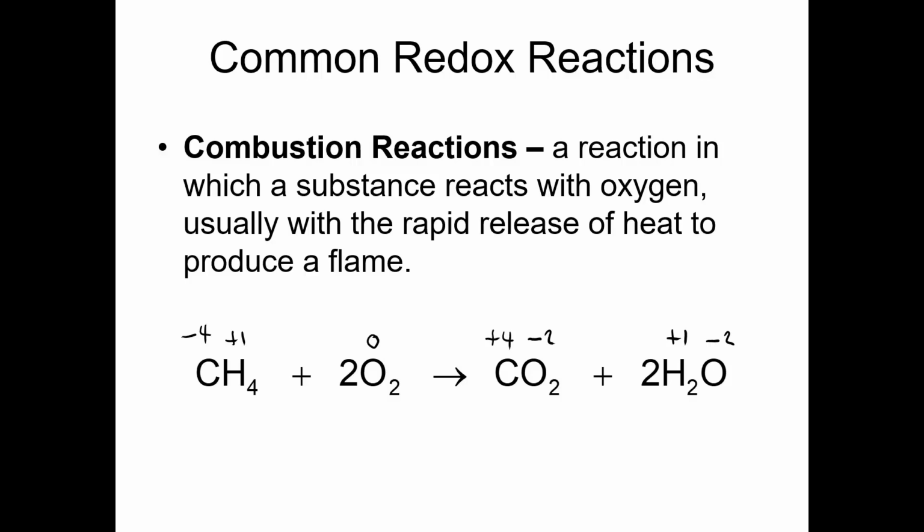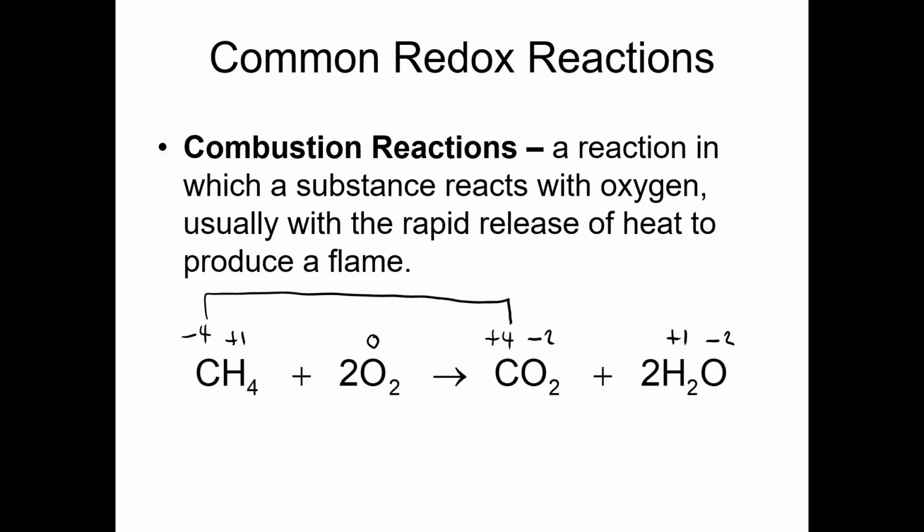That's 8 electrons. And I've got to remind you that this is really not a charge. It's an oxidation number. It's a hypothetical charge. It just helps us identify what's being oxidized and reduced, right? And so that's exactly what's happening here.